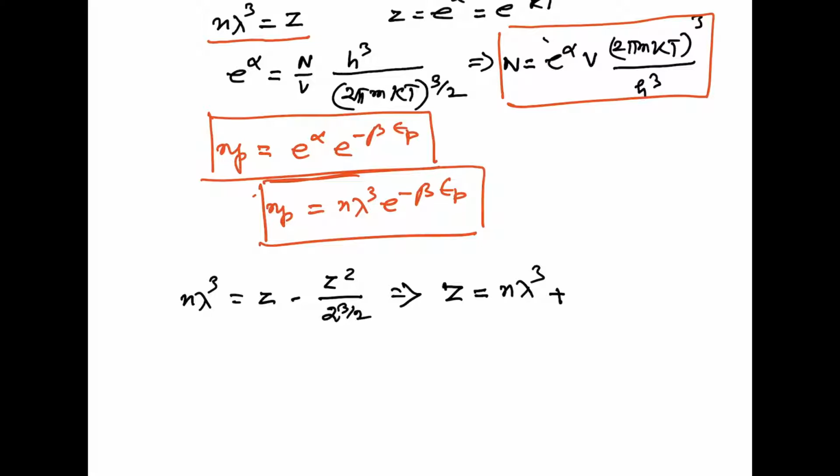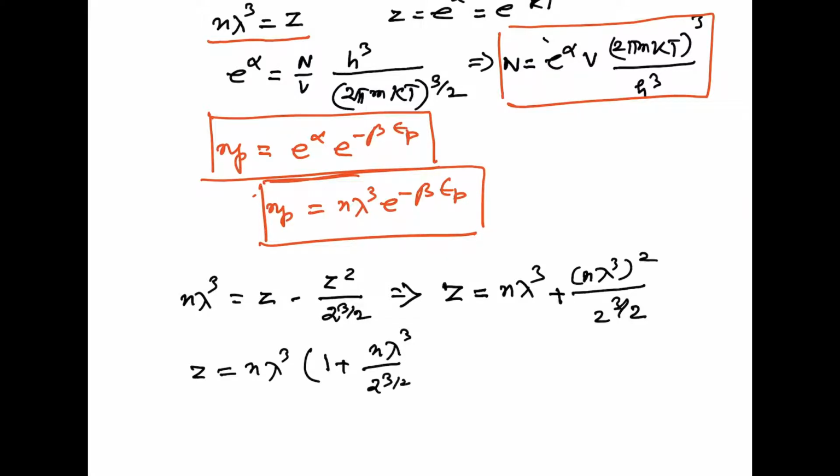For the approximation, z can be taken as n lambda cube. So we write n lambda cube whole square divided by 2 to the power 3 by 2. So z equal to n lambda cube into 1 plus n lambda cube divided by 2 to the power 3 by 2.